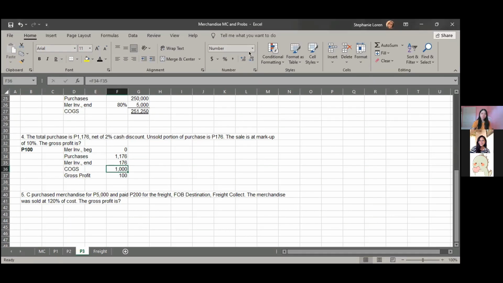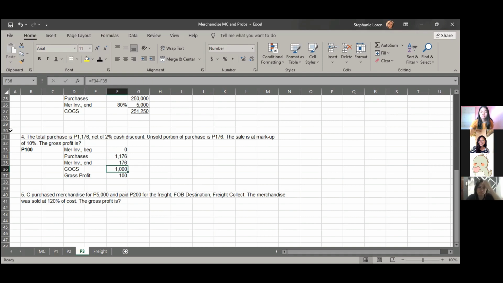Ayun, so, bilisan ko na. I-explain ko na lang pati yung next. Ayun. So, binili mo, nag-purchase ka, and then ibebenta mo lang din siya at a markup price na 10%. So, merchandise inventory, you have 0. Nag-purchase ka ng 1,176. And then, may ending inventory ka pa na 176. So, your total cost of goods sold is 1,000.